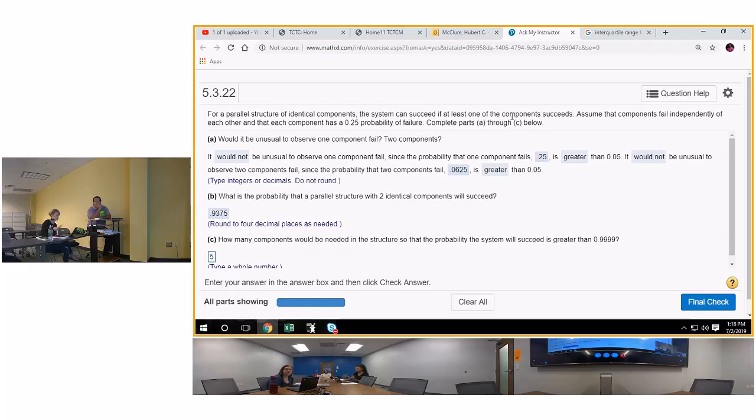Complete parts A through C. Would it be unusual to observe one component fail, two components? It would not be unusual, okay? Because they give you a 0.25 probability, and that's a 25% chance of failure.